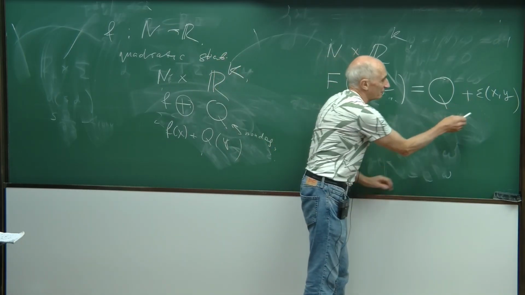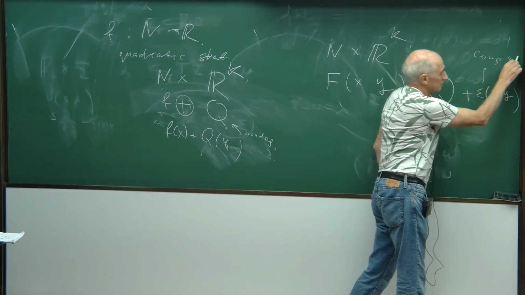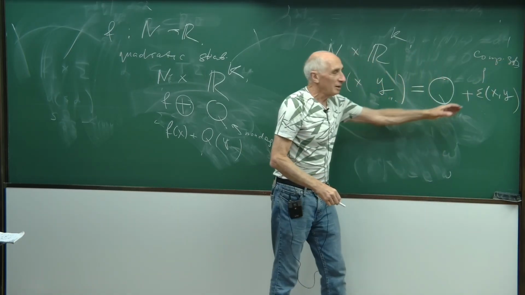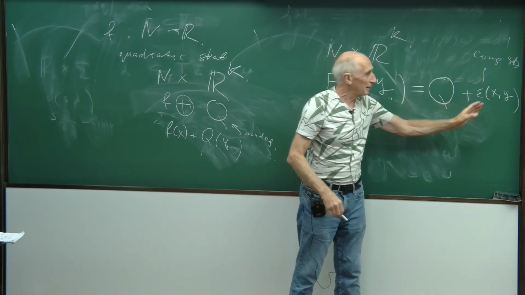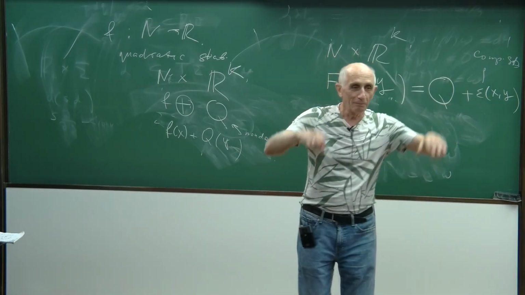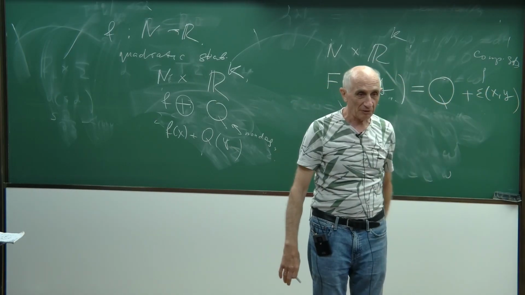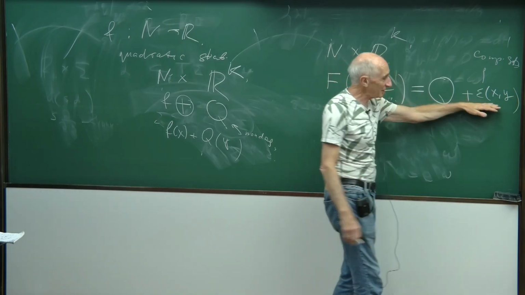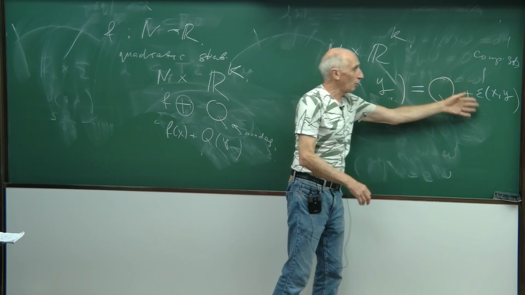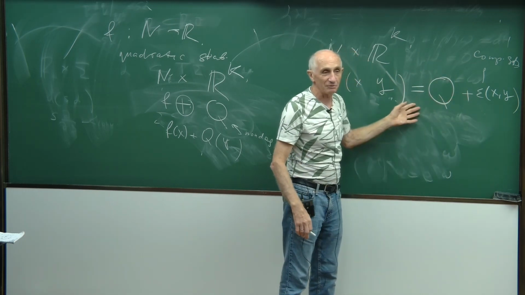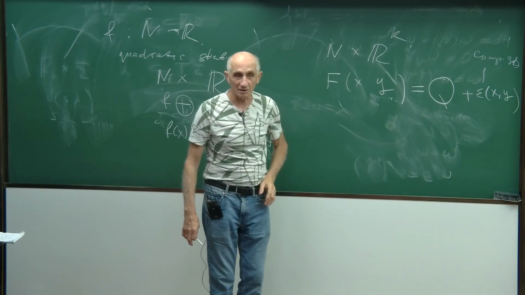Either this is a function with, say, compact support, or I maybe do not require the compact support, but this is a function with bounded derivative at infinity. Any such function I will call a function quadratic at infinity.